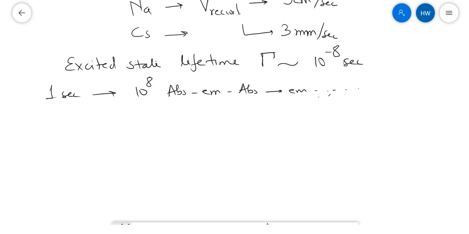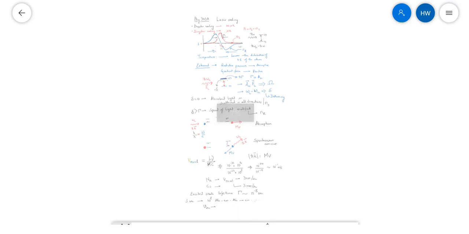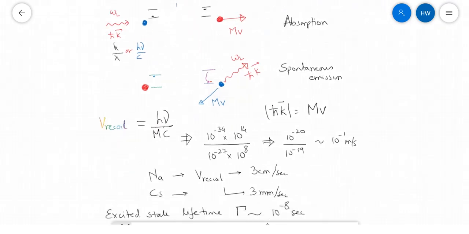So the atom gets excited, emits a photon spontaneously, comes back, and does this process roughly 100 million times. Every absorption gives you a v recoil of about 10 to the power minus 2 meters per second.